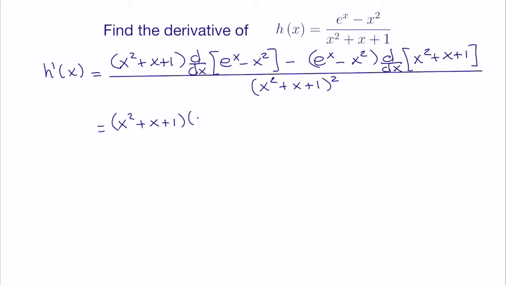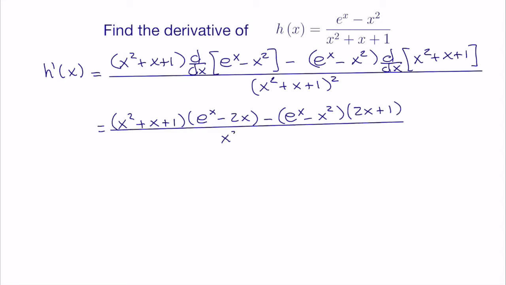The derivative of e to the x is e to the x. The derivative of x squared is 2x. In the next term, we keep e to the x minus x squared. And the derivative of x squared plus x plus 1 is 2x plus 1, over (x squared plus x plus 1) squared. At this point, I would tell you to try to find a common factor, but the problem doesn't have that. So we have to make the big computation.